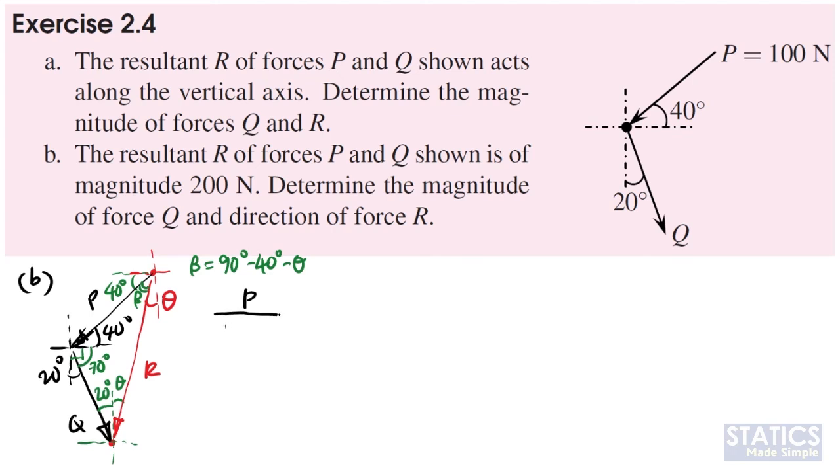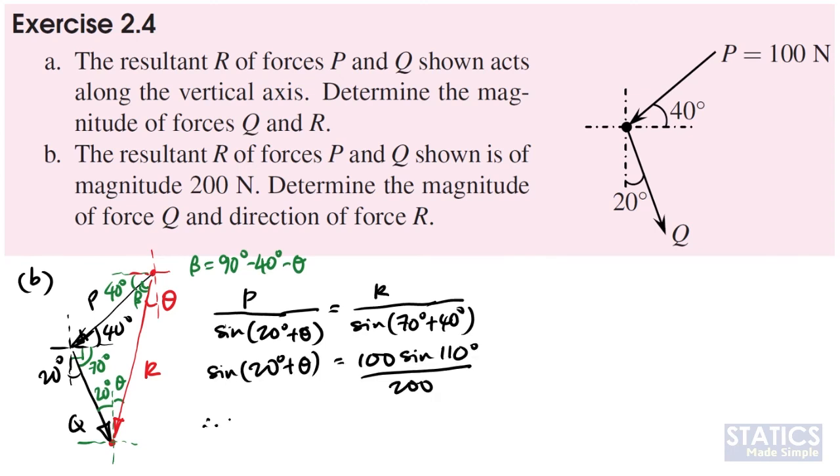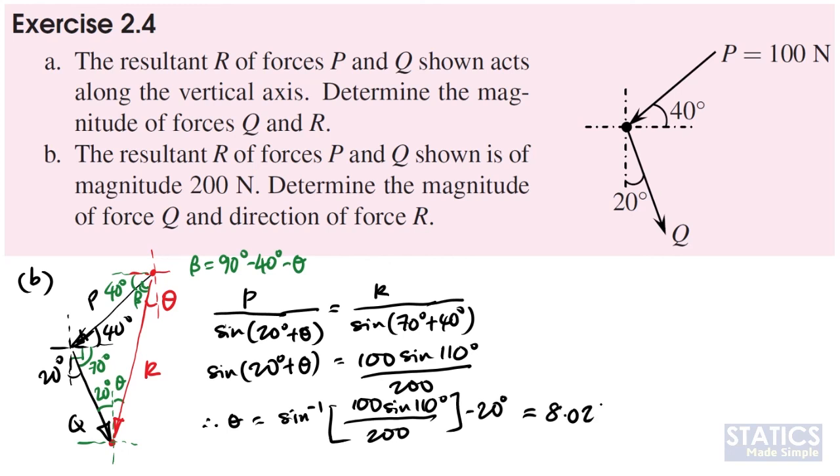Magnitude of force P divided by sine of angle opposing vector P, in this case 20 degrees plus theta, should be equals to magnitude of force R divided by sine of angle opposing R, in this case 70 plus 40 degrees. Substitute the values that we know, we can get, thus theta can be given as, which is equals to 8.02 degrees.